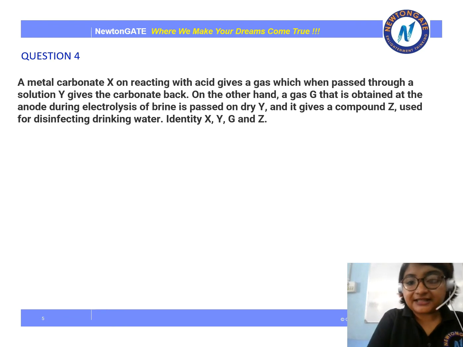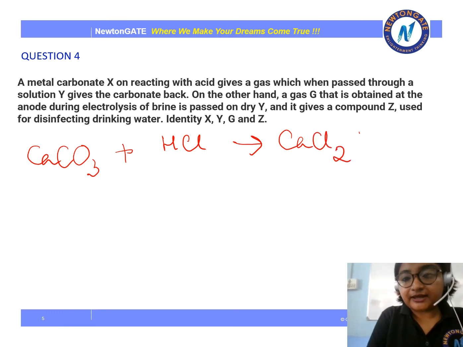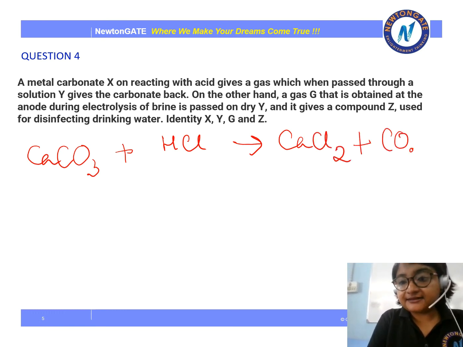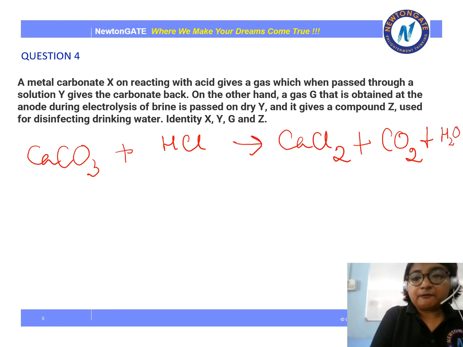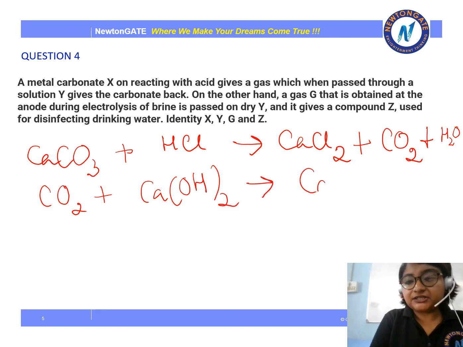So the reaction is like this: calcium carbonate plus, I'm taking any acid, say HCl. It will give the salt calcium chloride. The gas is carbon dioxide, and it will also give water. Now, if you pass this carbon dioxide through lime water, it will turn the lime water milky due to the formation of calcium carbonate.